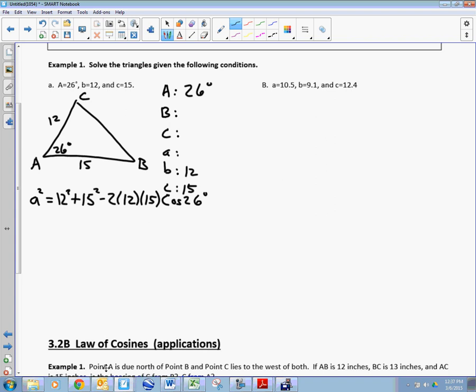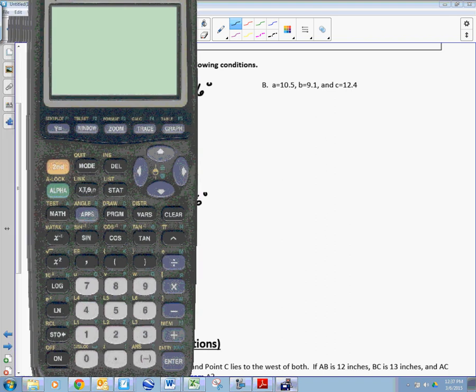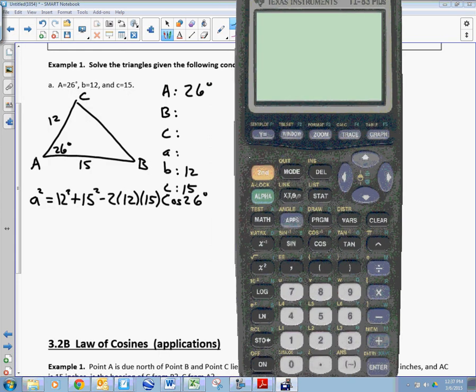Yep, 2's already in the equation. So I don't really even think so much about what's A, B, and C. I just think of, okay, 12 squared, 15 squared, minus 2 times that times the cosine of that. Okay, just within those three that are gathered together. So all we got to do is make sure that we're working in degrees and not radians.